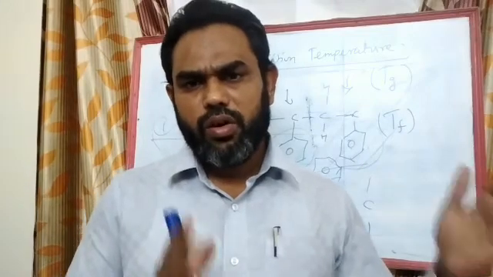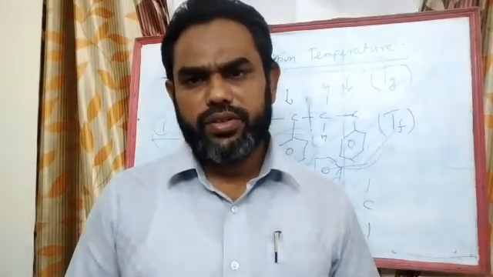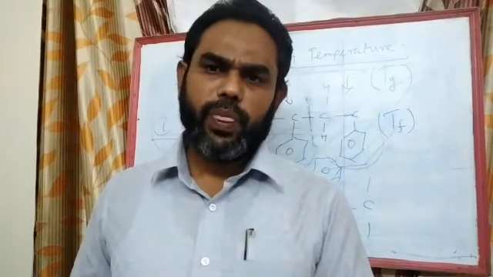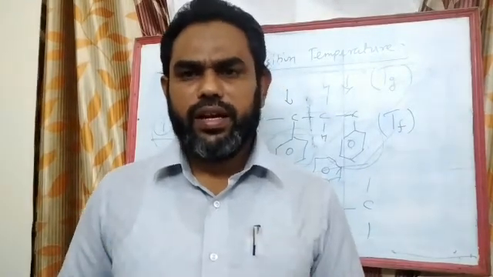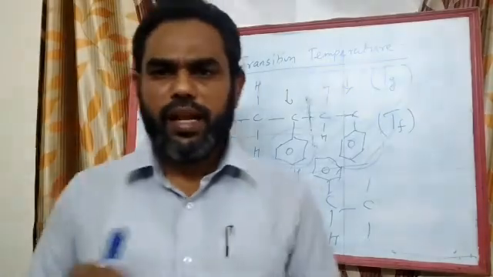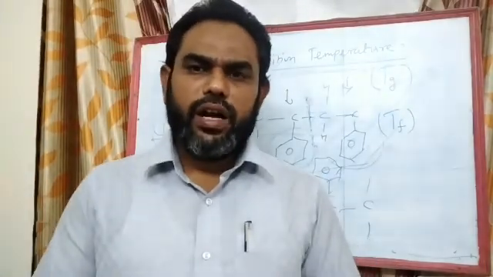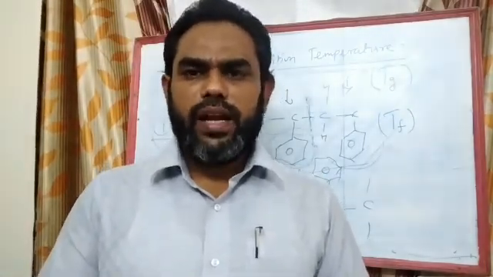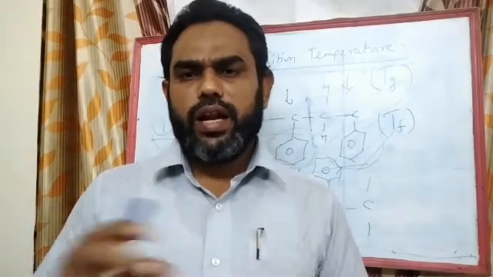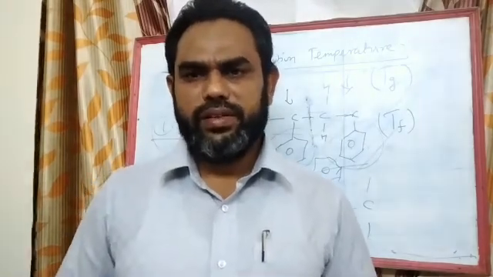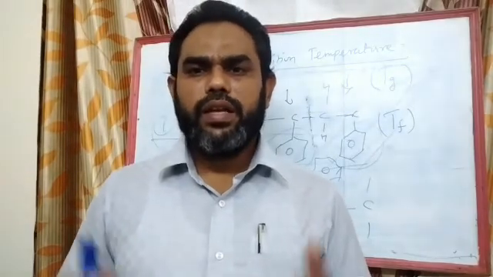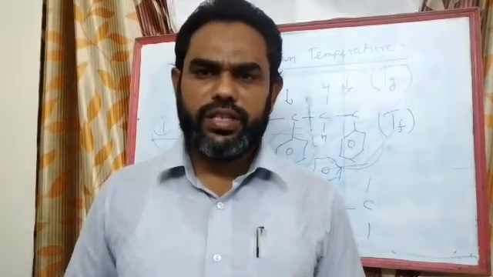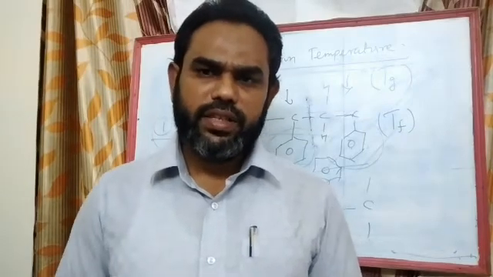One is the copolymer reactivity ratio, and then glass transition temperature. Glass transition temperature is the temperature at which the polymer changes from a glassy or brittle state to a rubbery viscoelastic state. The glass transition temperature of the polymer plays an important role in choosing the polymer for various processes.